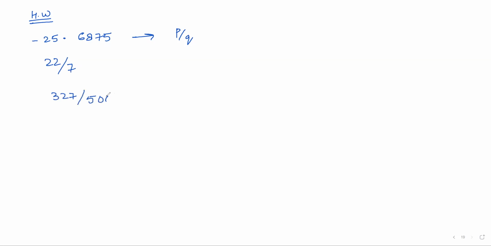Please do this division also. And one more. So minus of 16 divided by 45. So I want you to basically practice some division problems, just to avoid mistakes. So these are the 4 questions in your homework.